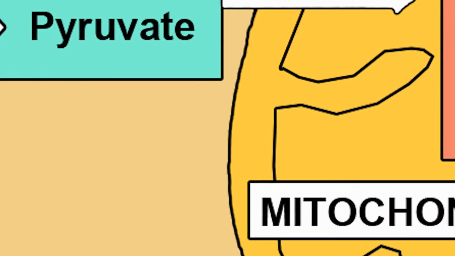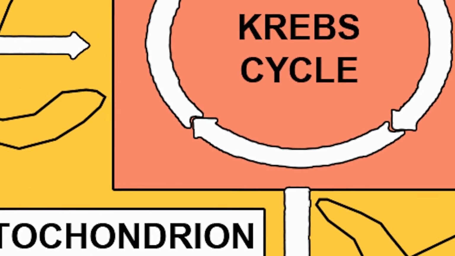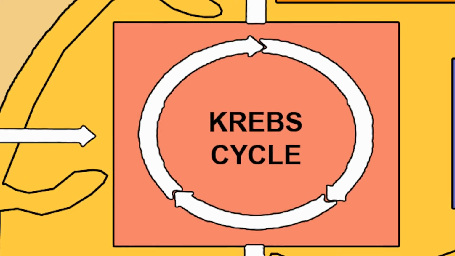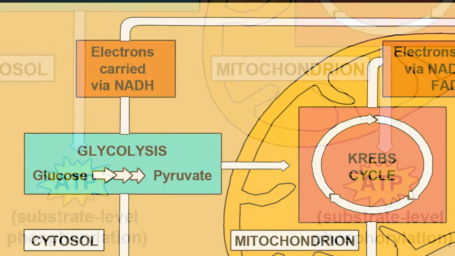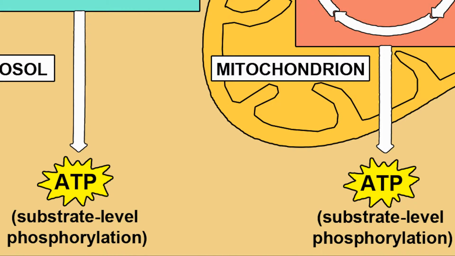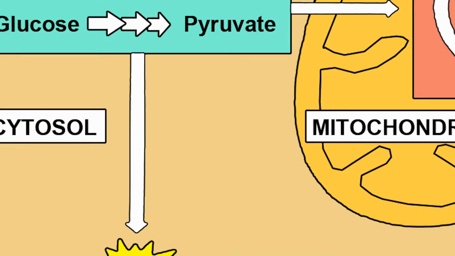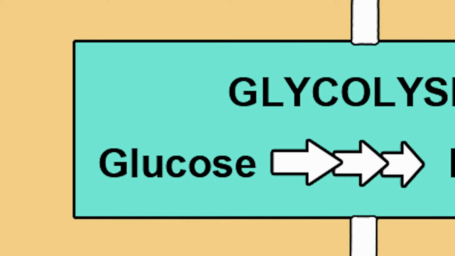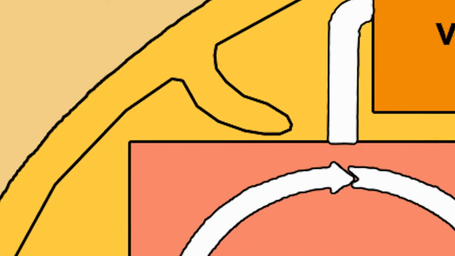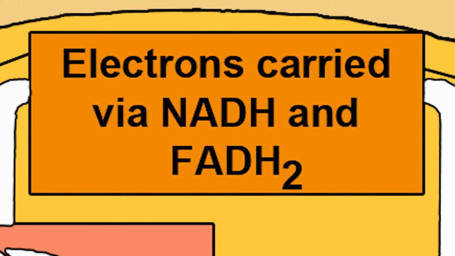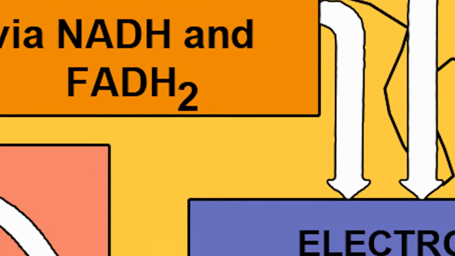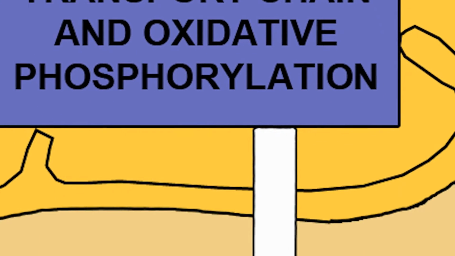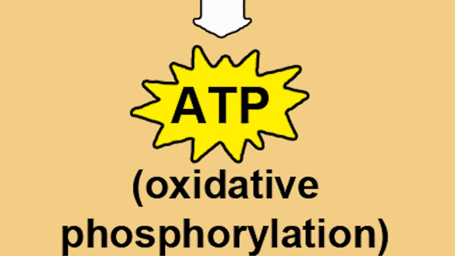Pyruvate then goes into the mitochondrion, and a derivative of it enters the Krebs cycle. Both glycolysis and Krebs cycle produce ATP through substrate-level phosphorylation. The energy in glucose is transferred to electrons carried in NADH and FADH2. These NADH and FADH2 then go into the electron transport chain and produce ATP through oxidative phosphorylation.